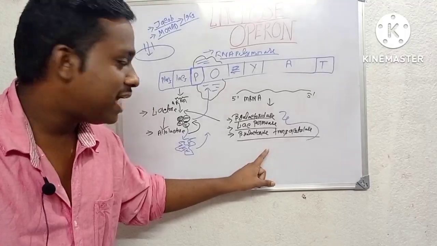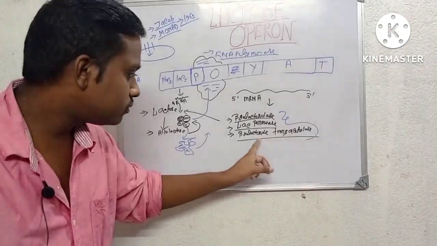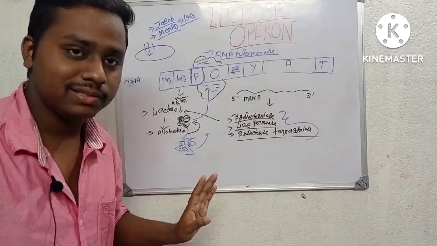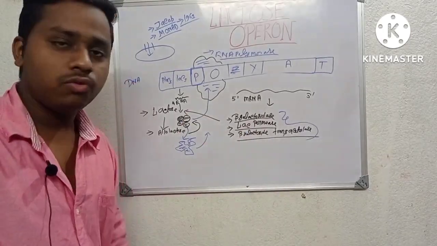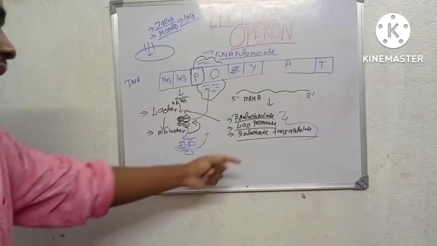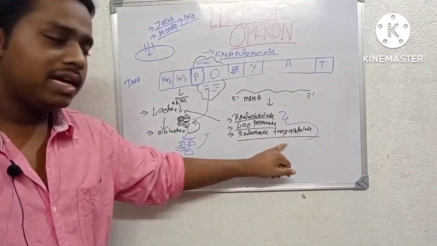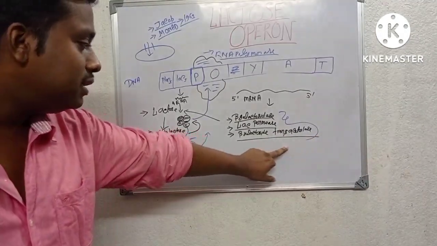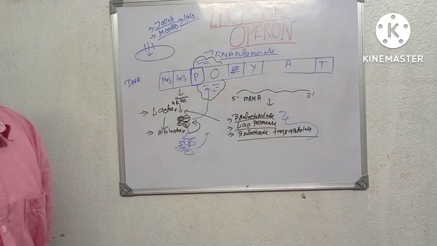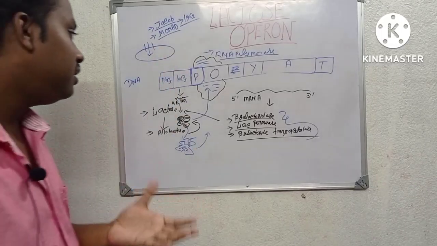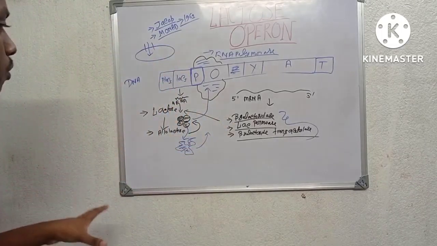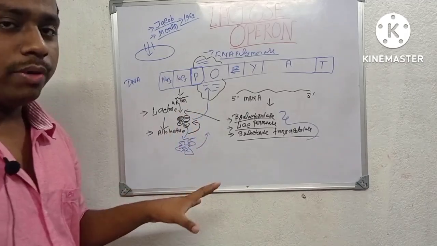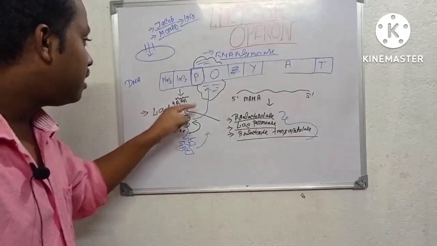Another enzyme is beta galactoside transacetylase. It can transfer an acetyl group from acetyl CoA to beta galactoside, but the actual role of this third enzyme in the lactose system is still not clear. So this is the most important phenomenon of lactose, and this repressor binds with the operator.